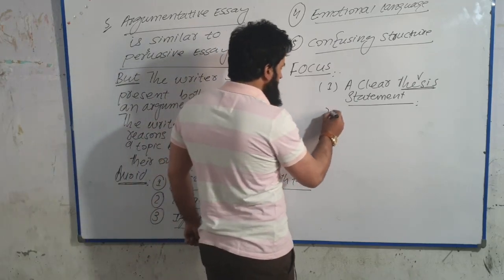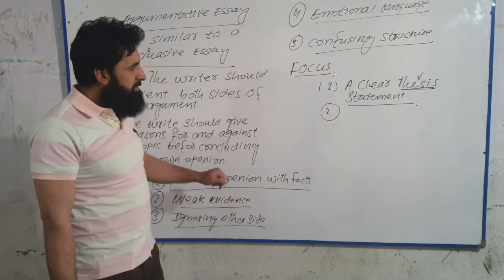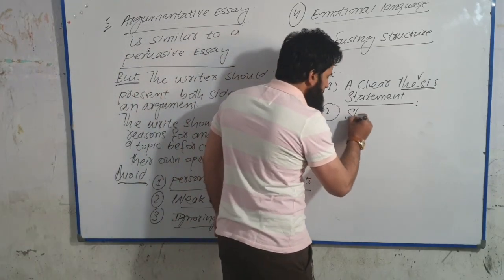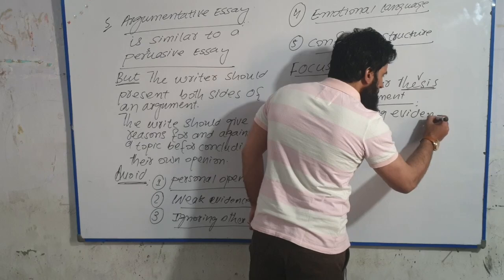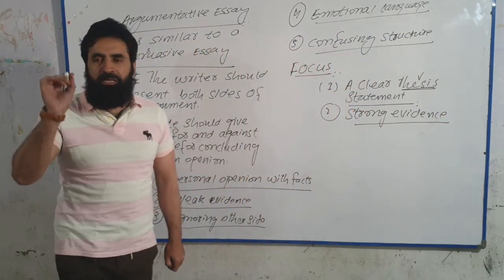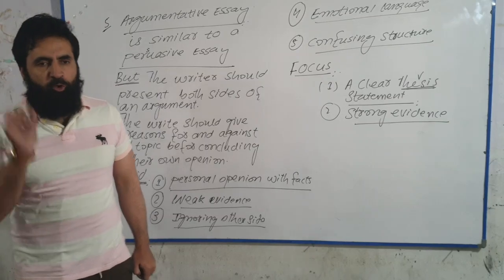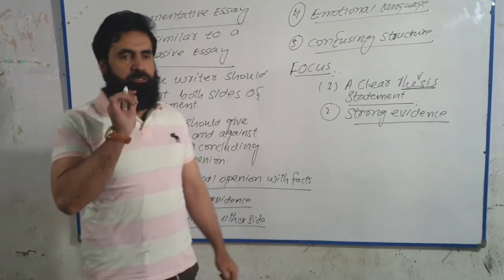What about the second thing? The second thing to focus on, against weak evidence, is strong evidence. The writer should focus on examples, evidence, and facts. Okay?